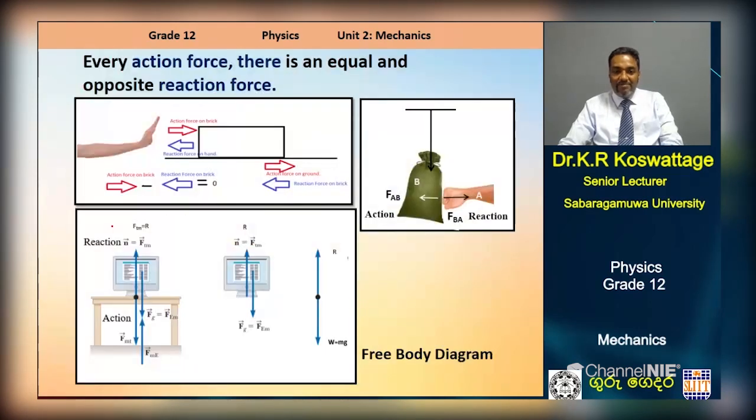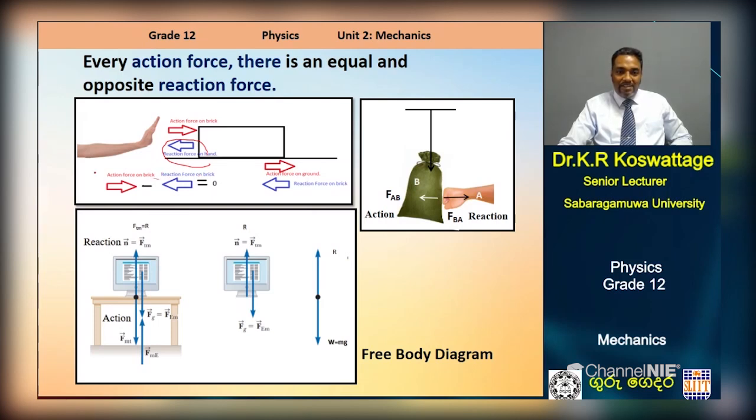Here are some examples. For every action force, there is an equal and opposite reaction. Here you have a brick, and you are applying a force. There is an action force on the brick and a reaction force on the hand, equal in magnitude and opposite in direction.